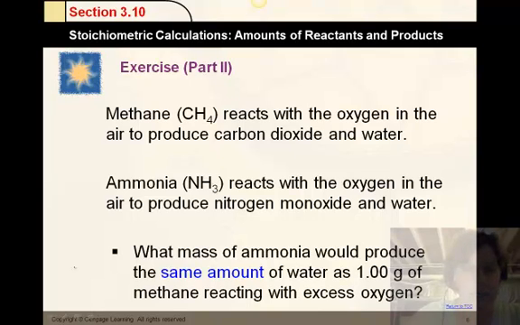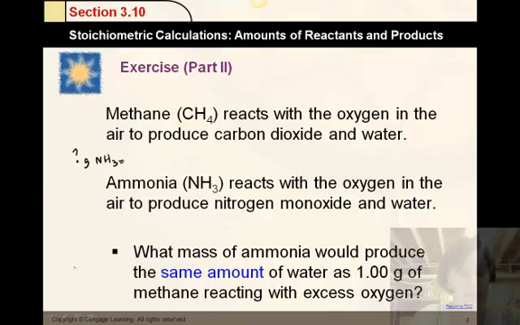So eventually, I'm going to put this up here, we want to know how many grams of NH3 we would produce from the same amount of water as 1 gram of methane reacting.